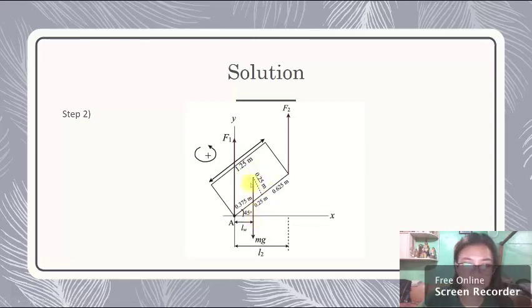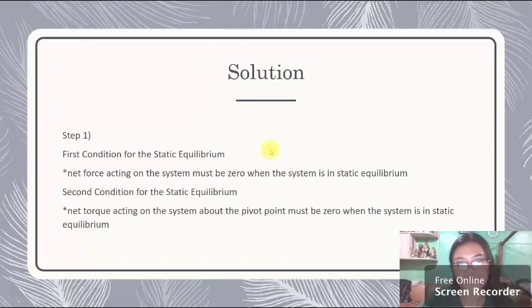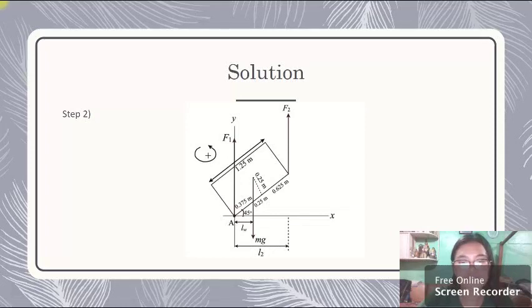This one's the gravity. So this one has a length of 0.25, since the height 0.5 divided by 2 is 0.25.